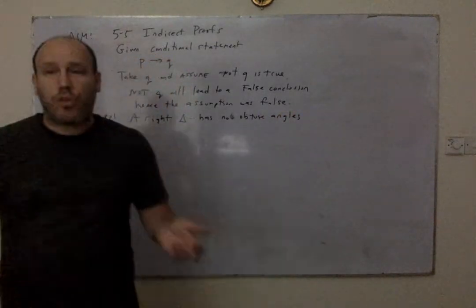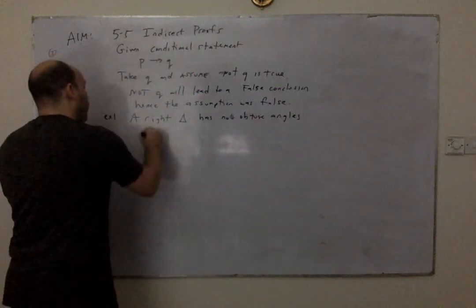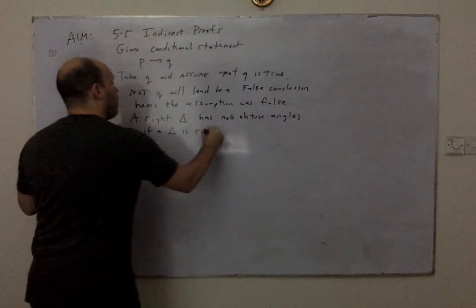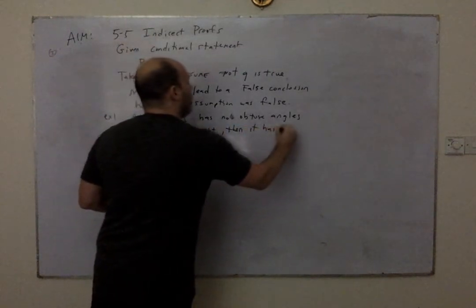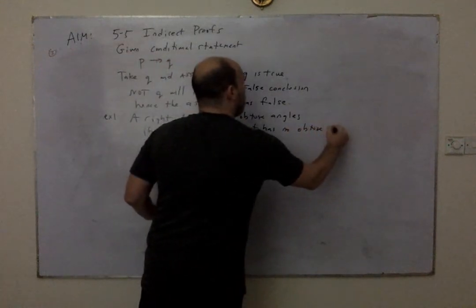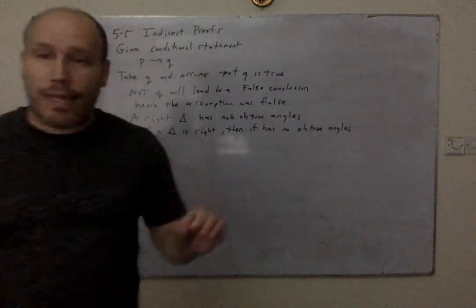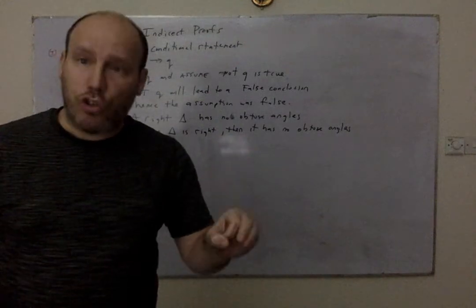Now, the first thing you would do is write this as a conditional. So you would say, if a triangle is right, then it has no obtuse angles. That's the first step. The second step is assume the negation of the conclusion is true.